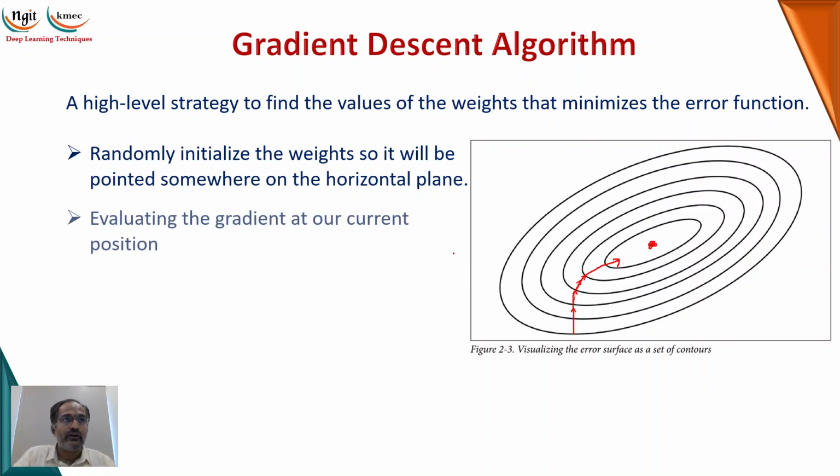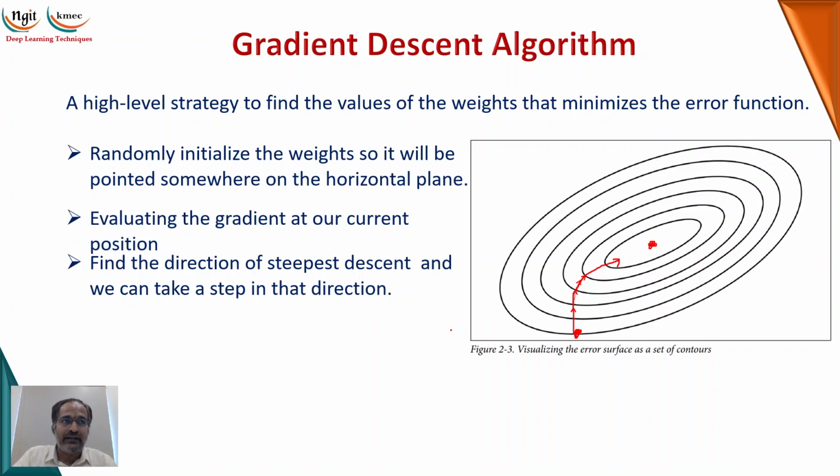For that, we evaluate the gradient at the current position. At this point we evaluate the gradient, what we have to modify, in which direction we should go. That is decided at the current position, and according to that we take the steepest descent, meaning we find the direction of the steepest descent and take a step in that direction.